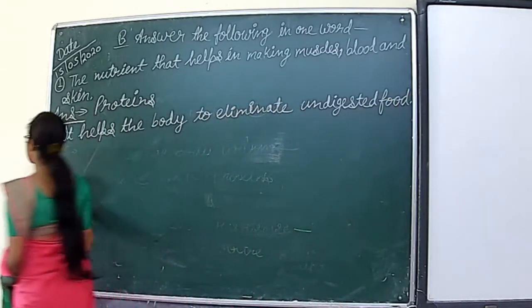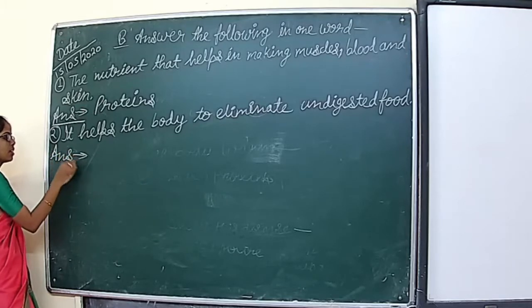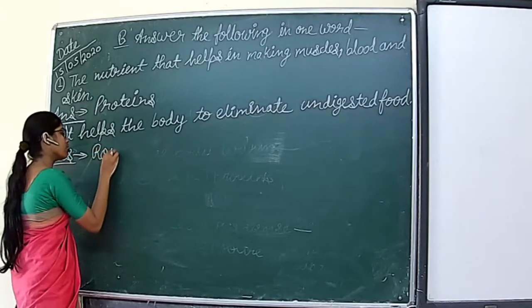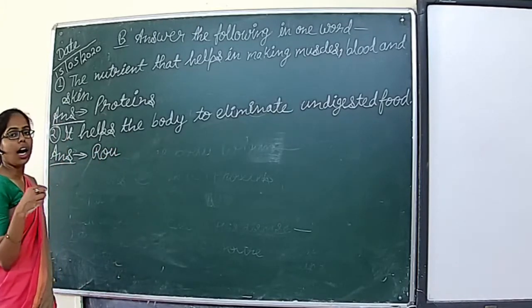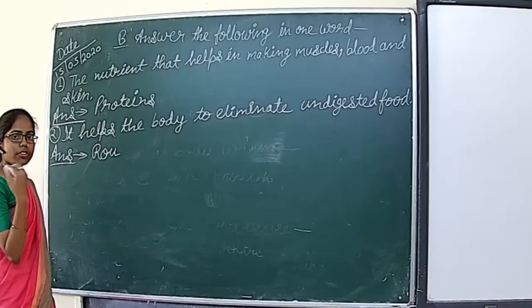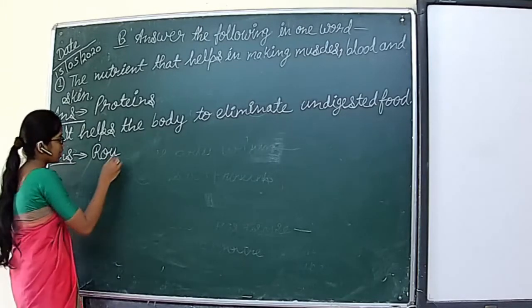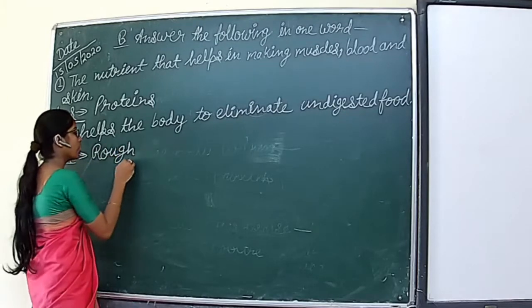And the answer is roughage. What is the answer for this question? Roughage. Water also helps to digest the food, and it also helps to remove the waste, but in the form of liquid, not the undigested food. Undigested food is removed by the help of roughage.